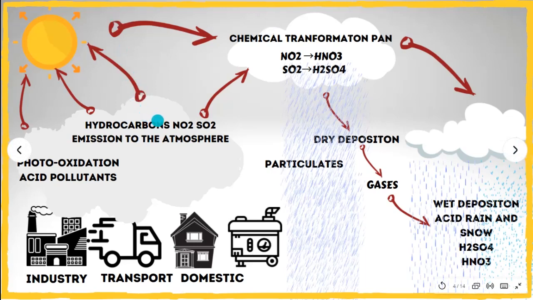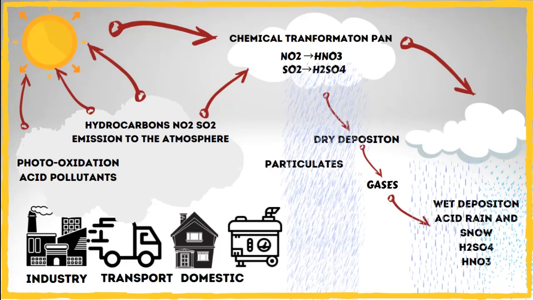Here you can see that these hydrocarbons, nitrogen oxides and sulfur dioxides are emitted into the air, where they can travel long distances and then combine with water to form nitric acid and sulfuric acid. Sulfur dioxide and nitrogen oxides dissolve very easily in water and can be carried very far by the wind.